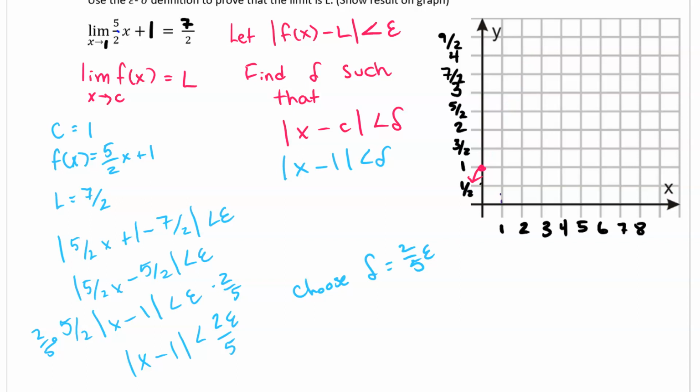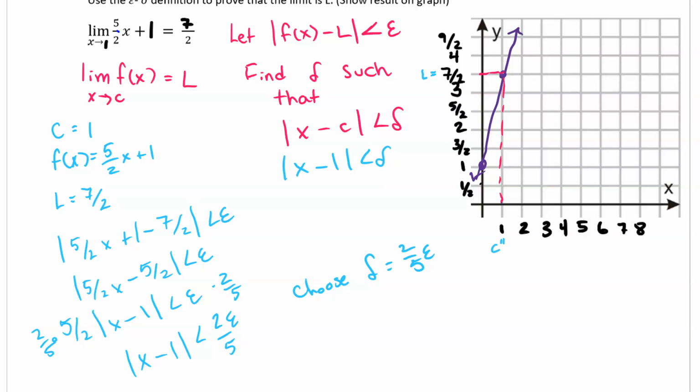It is up 5/2, however, that would be off my graph, so up 5/2 over 1 would put me here. So my graph looks like that. Our c here is 1. Our L is 7/2, so I'll just write that next to them. We've got L equals 7/2 and c is equal to 1.